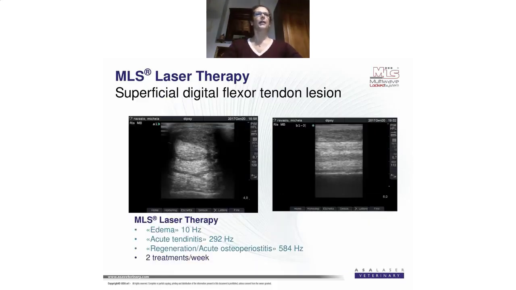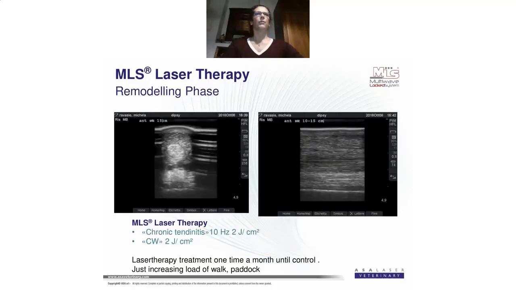And then I started again with laser therapy with edema, acute tendonitis, and acute periostitis, 2 treatments a week. So there was the complete recovery of the horse.